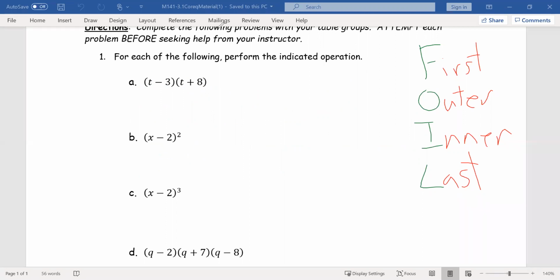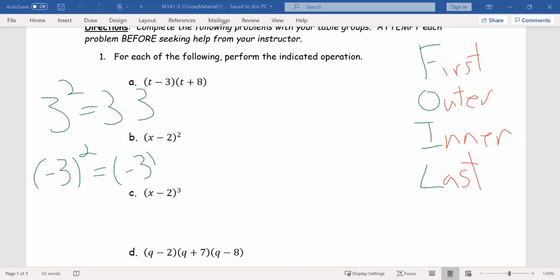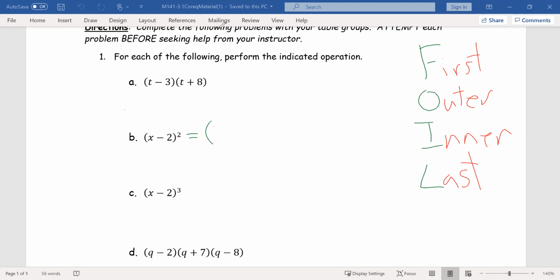Recall that when you have something squared, that means to multiply it by itself. 3 squared means 3 times 3. Negative 3 squared means negative 3 times negative 3. Similarly here, x minus 2 squared can be rewritten as x minus 2 times x minus 2.